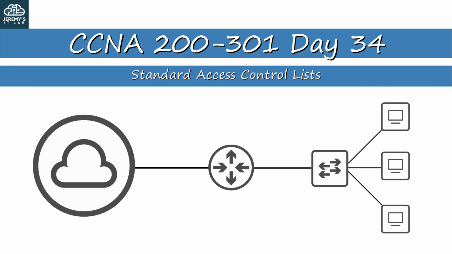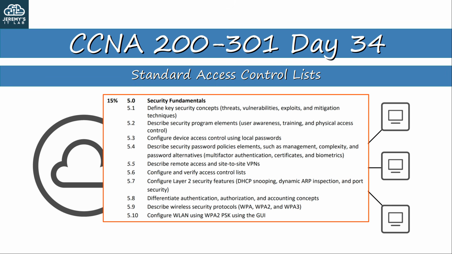In this video, we will cover standard ACLs, access control lists. I'll be splitting up ACLs into 2 days, this video and the next one, day 35, which will cover another kind of ACL. ACLs are in the exam topics under Section 5, Security Fundamentals.